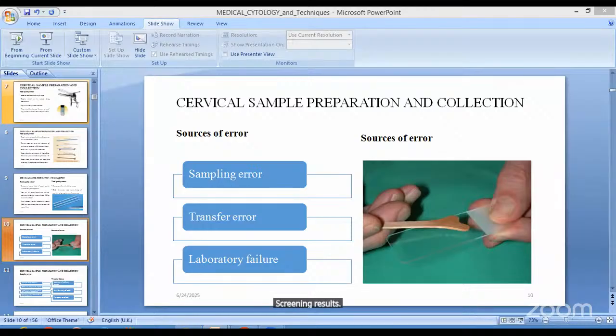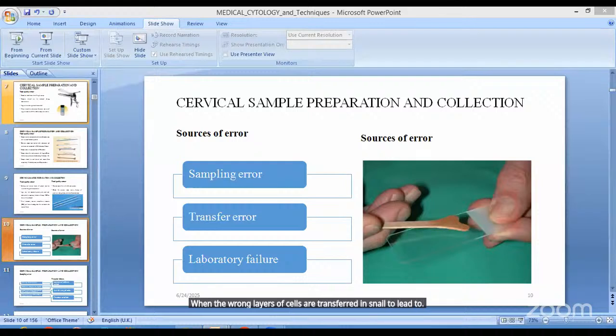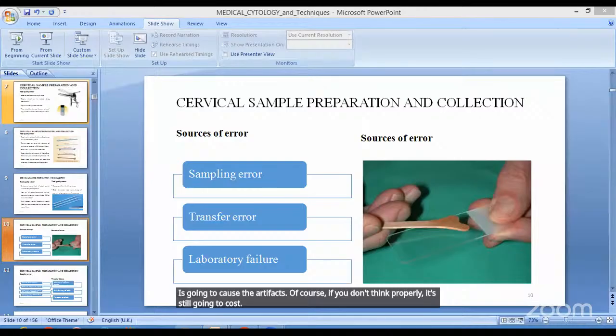Failure of lesion to exfoliate, despite correct technique, will lead to error. When the wrong layers of cells are transferred in the smear, it leads to error. Then when you allow the smear to dry instead of fixing it immediately, it is going to cause artifacts. And of course, if you don't fix properly, it's still going to cause fixation artifact.